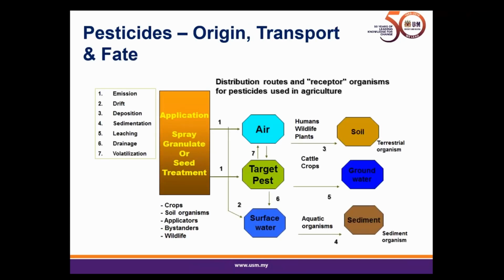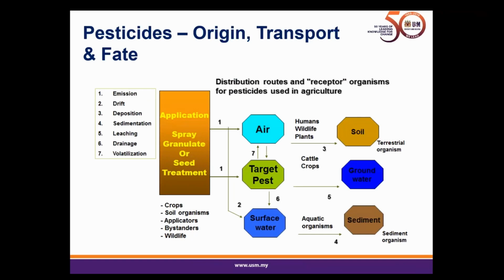Okay, next I would like to discuss the origin, transport, and fate. In order for you to understand how this pesticide can affect our environment, humans, or other organisms, you need to know how these chemicals are transported, and in the end what happens to the transported chemicals.